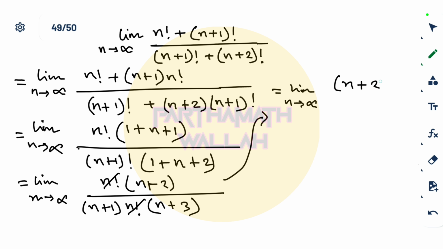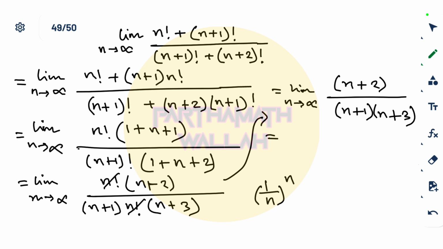So this gives limit n tends to infinity, numerator n plus 2 and the denominator n plus 1 into n plus 3. We all know that n tends to infinity in the limit, so we need to make the terms based on 1 by n or any of its powers. We need to manage it in this form.